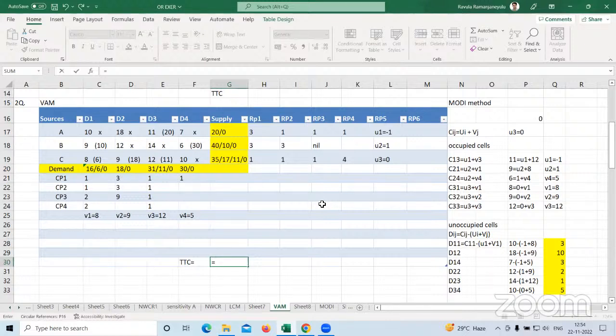What we actually got is 11 into 20 plus 9 into 10, 6 into 30, plus 8 into 8, 6 into 9, 9 into 18, plus 12 into... this is actually the solution, 1911.